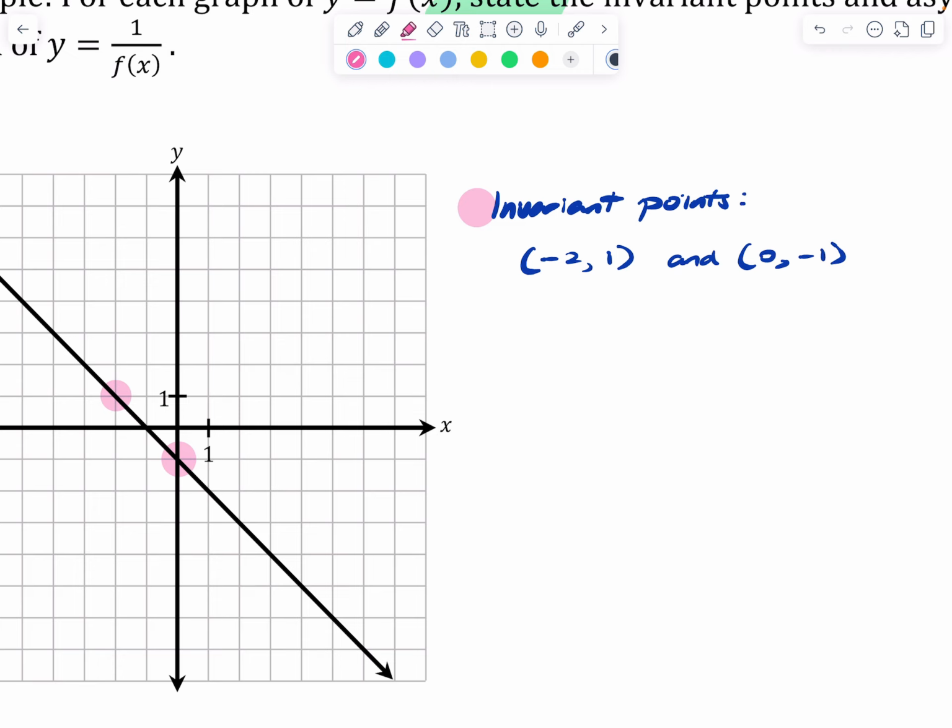For asymptotes, first of all, there's a spot where the original function value was 0.